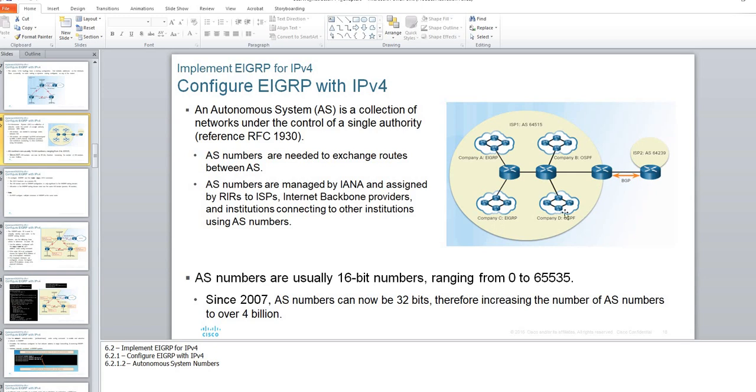This AS number is managed by IANA, and it is assigned to RIRs, the regional internet registries, and then ultimately it goes to the service provider.